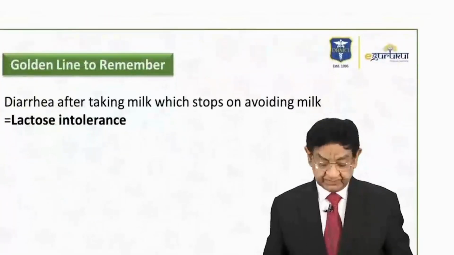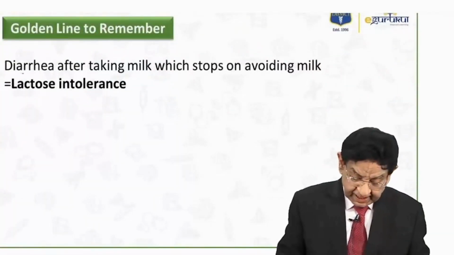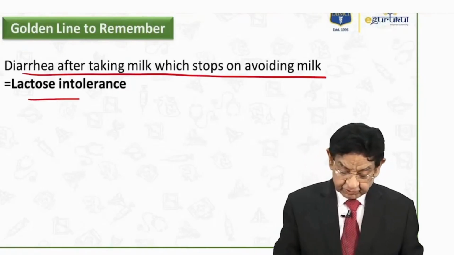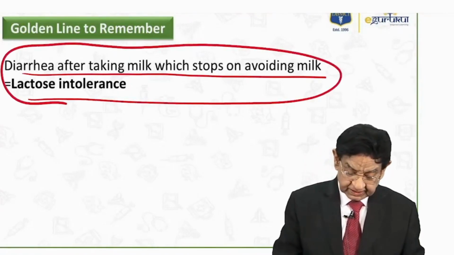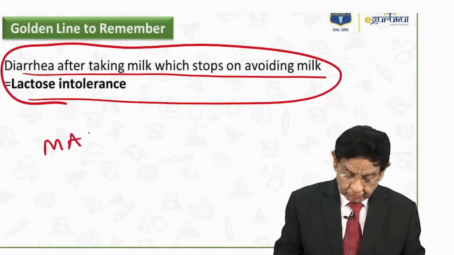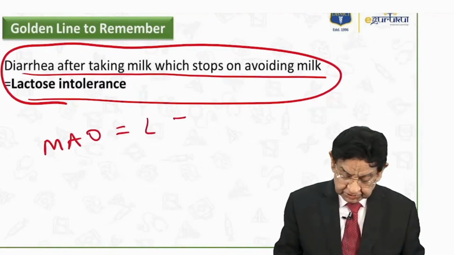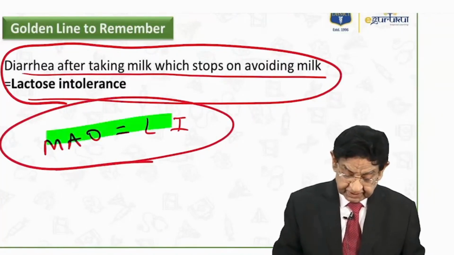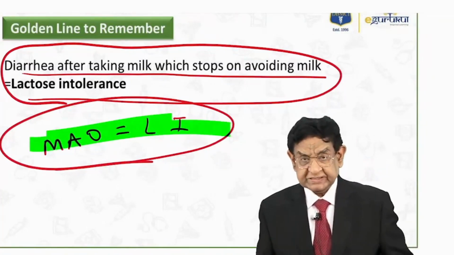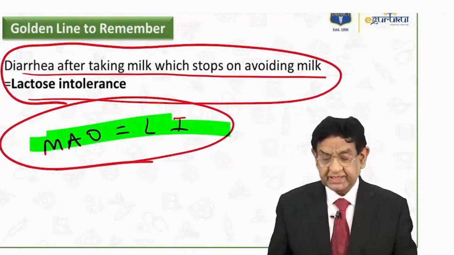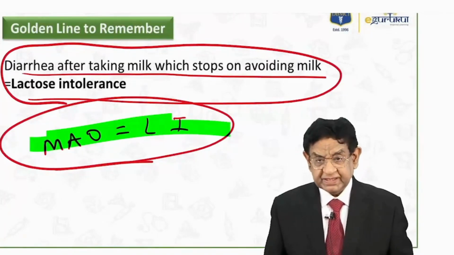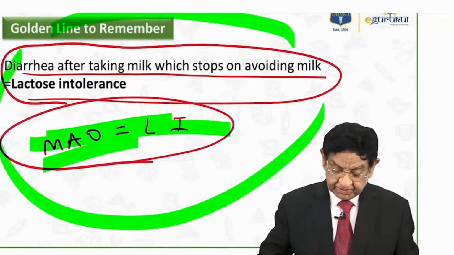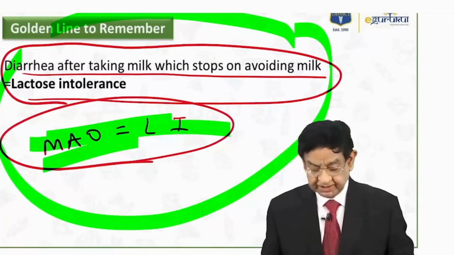So diarrhea after taking milk, which stops on avoiding milk, is lactose intolerance. Milk, acidic pH, osmotic diarrhea is lactose intolerance. Your question will be from this only, nothing will come from outside.